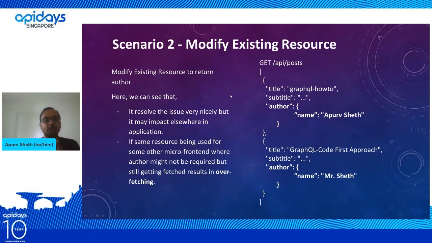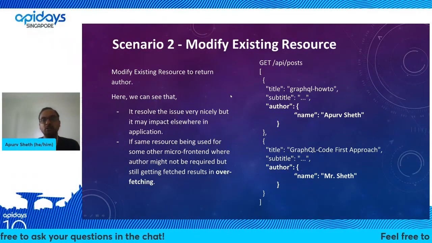So the thing is, if the same resource is being used for different micro front ends, since we are living in the era of micro front ends or the BFF, backend for front end, then we might end up with overfetching, where even though I don't want any data for respective devices, I still end up getting that data, which is not a good case.